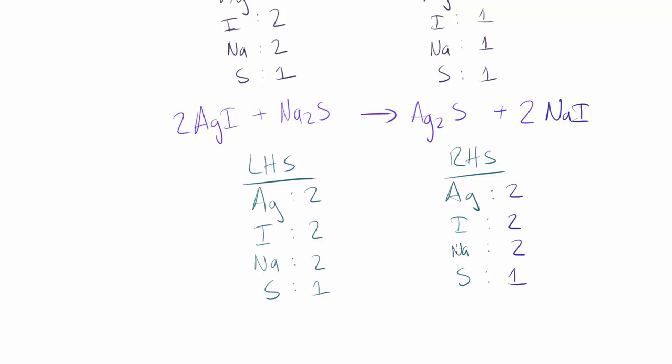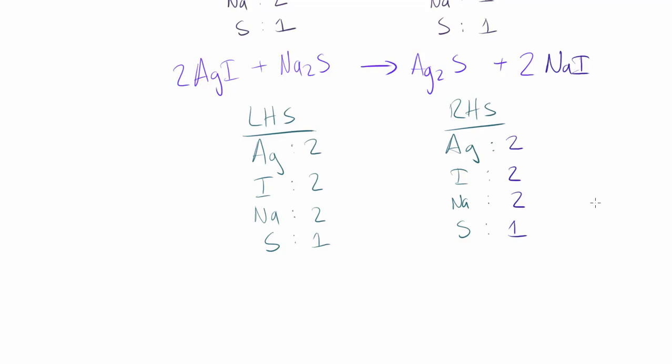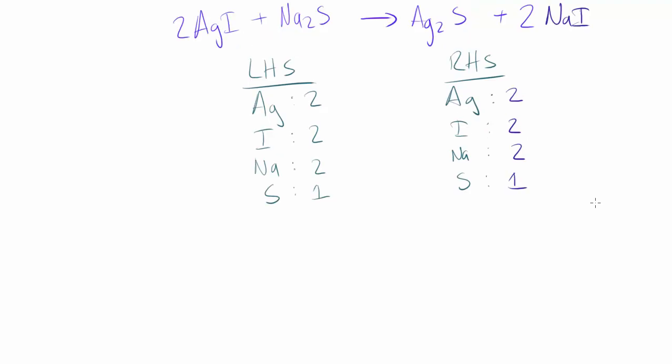And so if we now compare both sides of the equation, what do we find? Well, we find that the sodium is balanced, or should I say, for whatever reason, I keep calling the gold, I mean not the gold, the silver, I keep calling the silver sodium, but I think it's because they both begin with an S. Yeah, so the silver is balanced, the iodine is balanced, the sodium is balanced, and the sulfur is balanced, right?